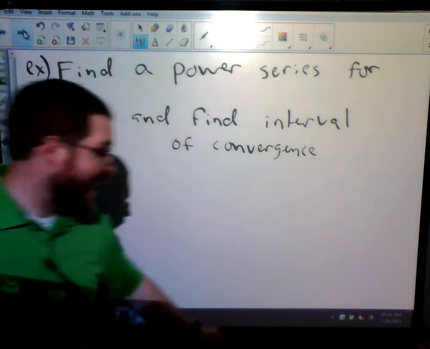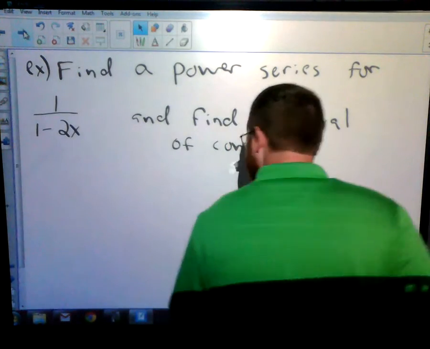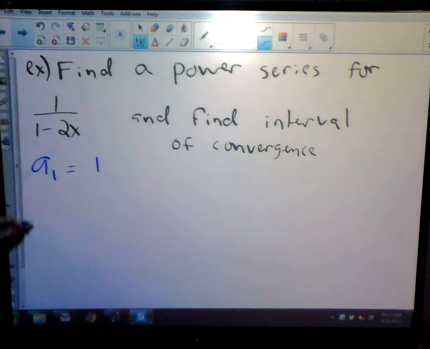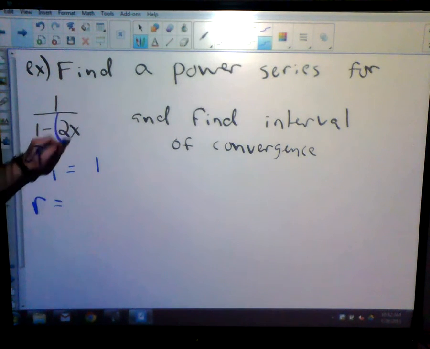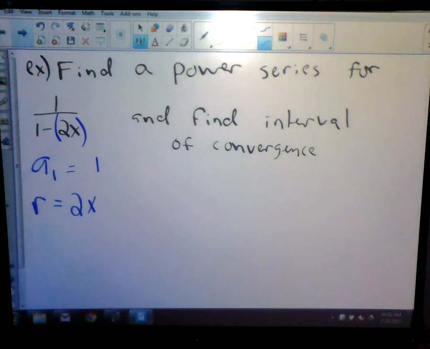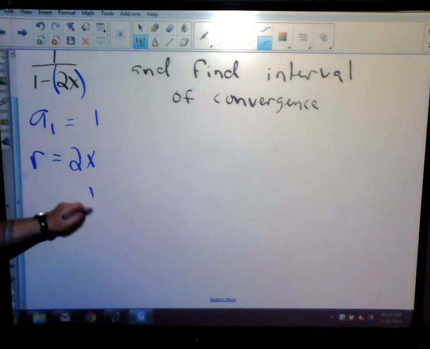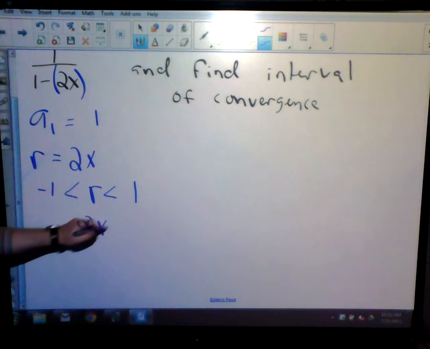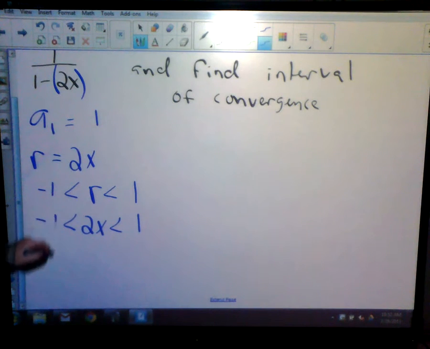Let's take a look at this one and find the interval of convergence. Well, a sub 1 is equal to 1. R is equal to 2x. Let's stop for a second and find that interval of convergence. I know that r has to be between 1 and negative 1, which means 2x has to be between 1 and negative 1.